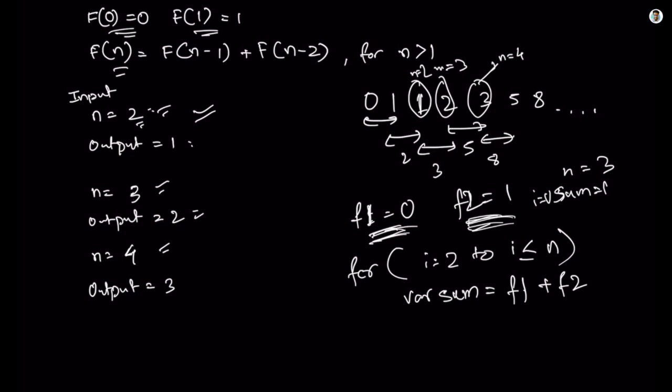And what we will be doing, we will update f1 and f2 accordingly. So first we have to update f1 equals f2. We are storing whatever value f2 had in f1. So f1 becomes f2, and now f2, this last value. So f1 is our second last value in the series, and the last value f2 is the sum. So I'm storing the summation of f1 and f2 in the last value.